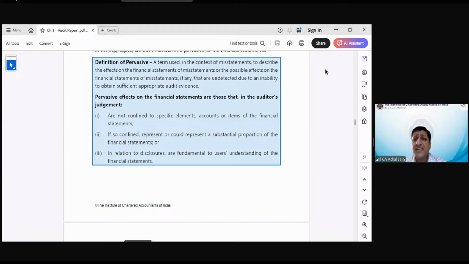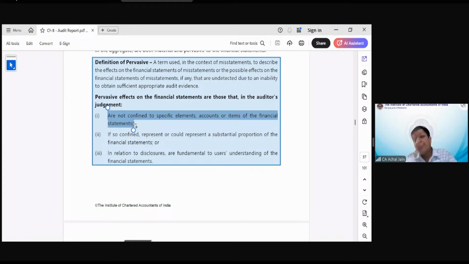The term pervasive, in the context of misstatements, is used to describe the effect on the financial statements, whether leading to misstatements or the possible effects leading to misstatements, which are not confined to specific elements, accounts, or items of the financial statements.